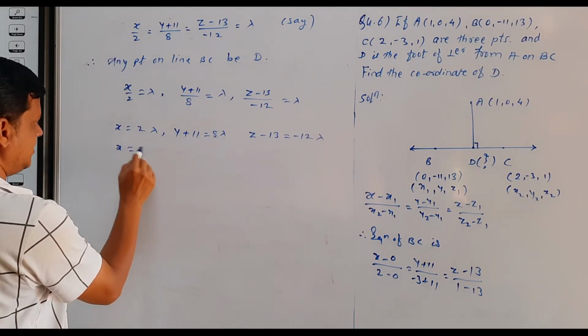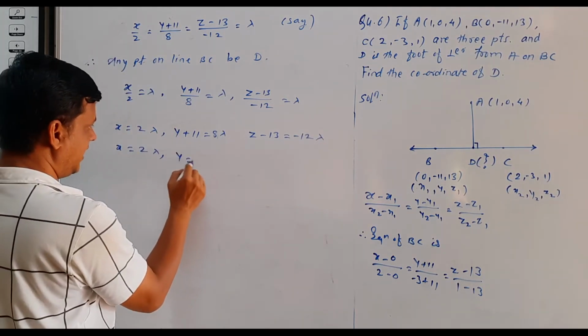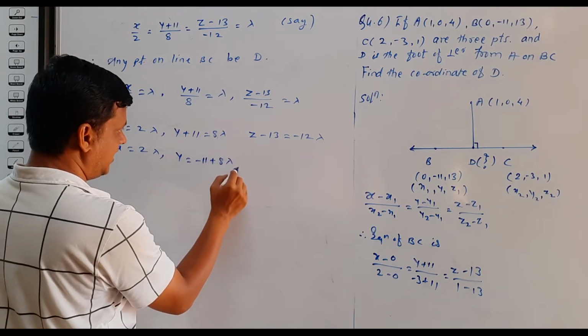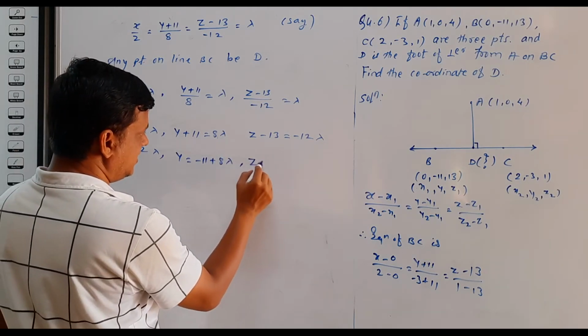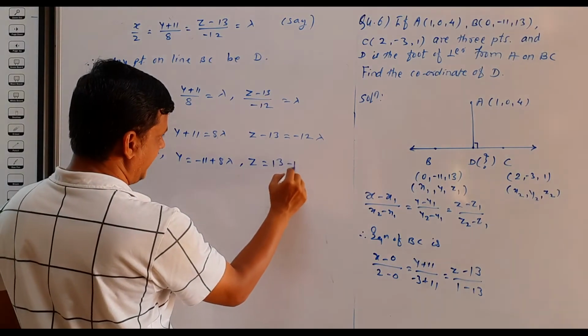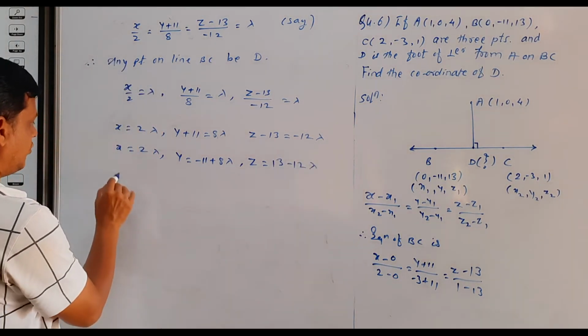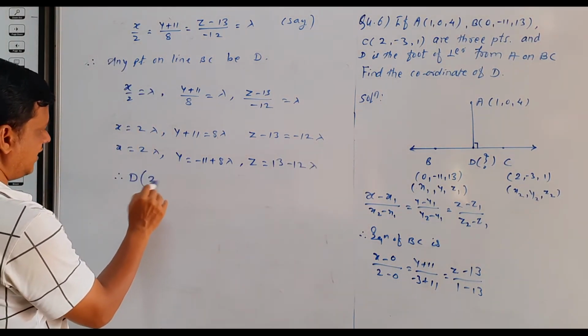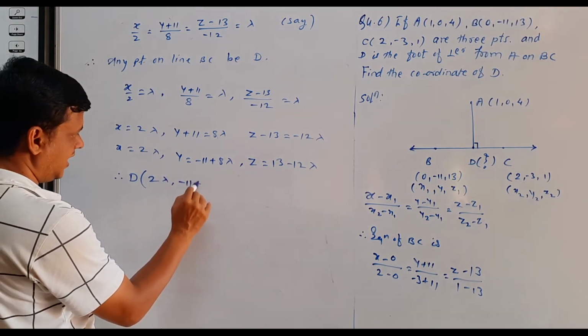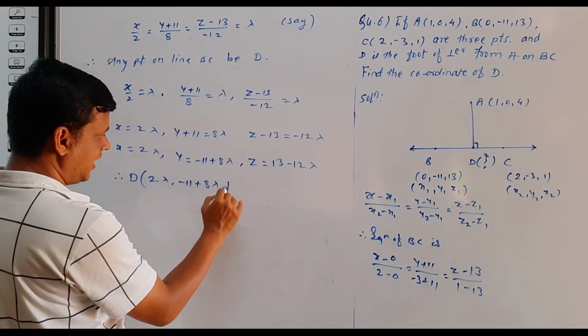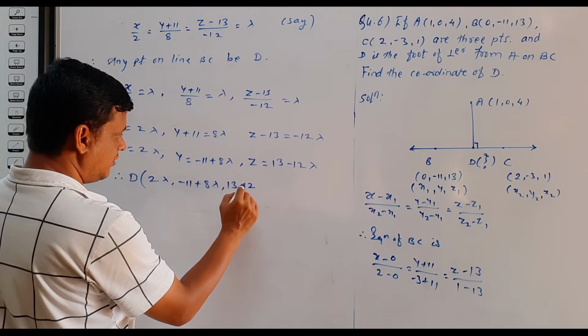So the value of x is equal to 2 lambda, y is equal to minus 11 plus 8 lambda, and z is equal to 13 minus 12 lambda. So the coordinates of point D are 2 lambda, minus 11 plus 8 lambda, and 13 minus 12 lambda.